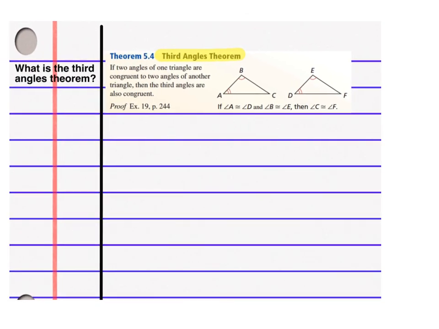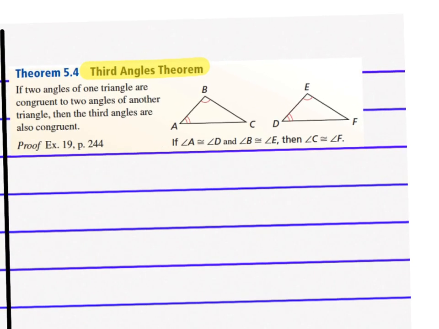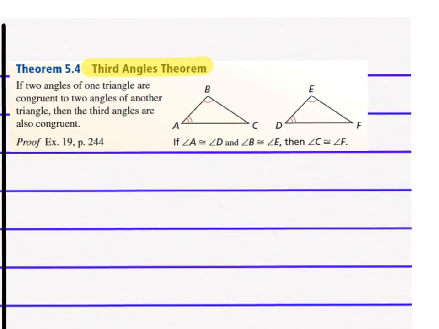All right, what is the third angle? If you know 2 angles, in this diagram, we know angle A and angle D are congruent, and angle B and angle E. Then we can also conclude the third angle. Let's put some numbers in that may help you.